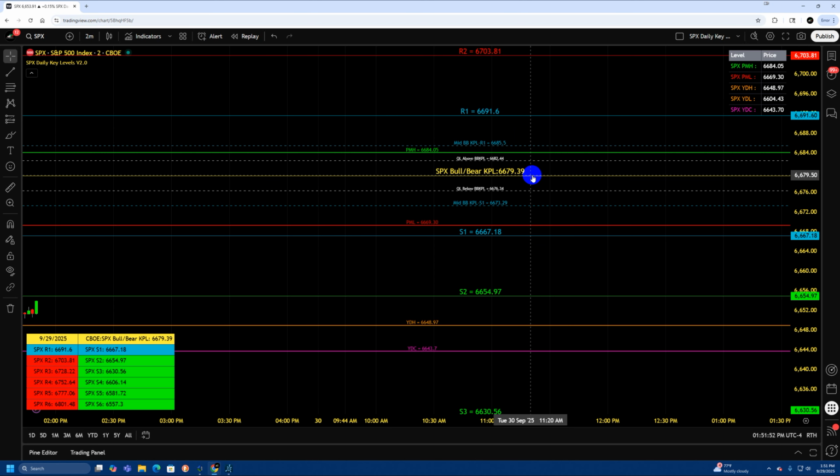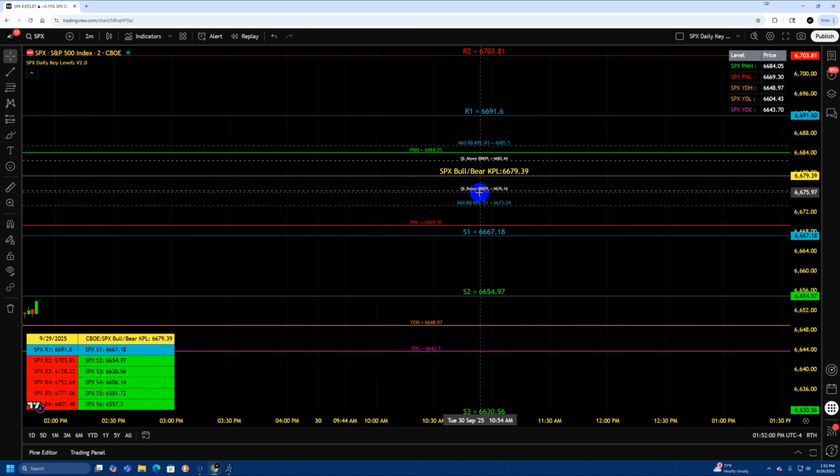As we've discussed in other videos, when you're taking a bullish trade off of the bull bear key price level, your tight stop loss is the QL below the BBKPL, and your standard stop loss is the first midpoint below, which would be mid BBKPL S1.